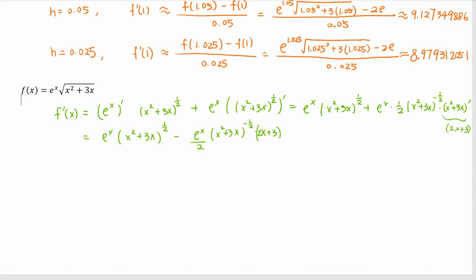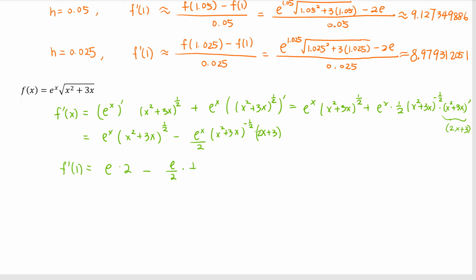Alright, so we want to plug in 1. e to the 1 is e. 1 squared is 1. 3 times 1 is 3. 1 plus 3 is 4. Square root of 4 is 2. And then this guy, 1 squared plus 3 is 4. 4 to the negative 1/2 is like 1 over square root of 4.